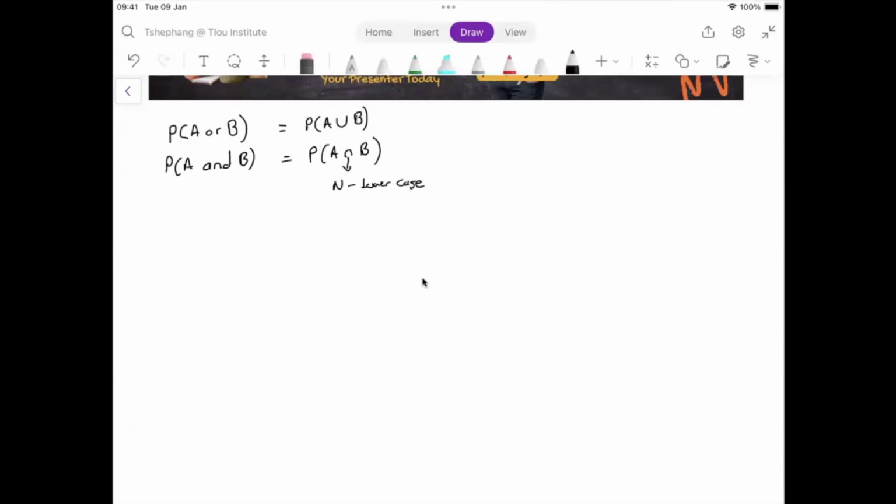Because it's lowercase n, I automatically remember that n sort of rhymes with and, because there is an n in between and. Then I never ever mess up the two. Now, this one is called a union, and this one is called an intersection.